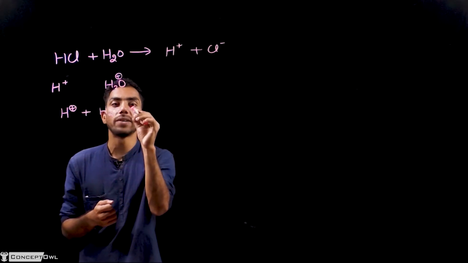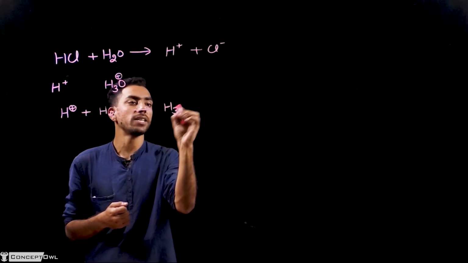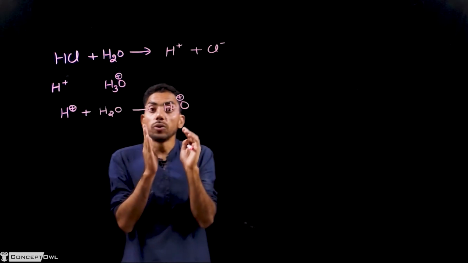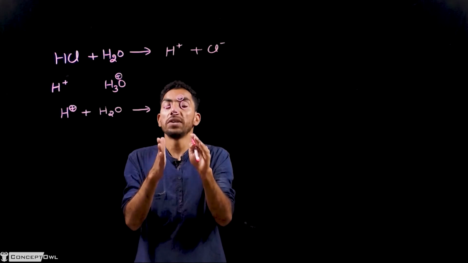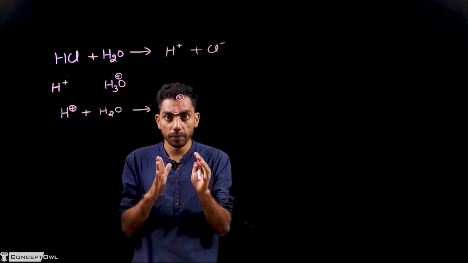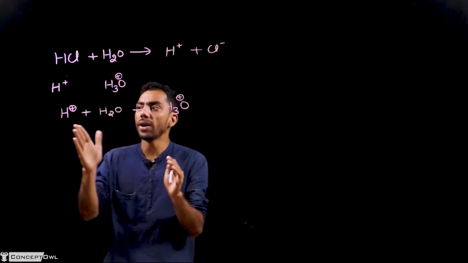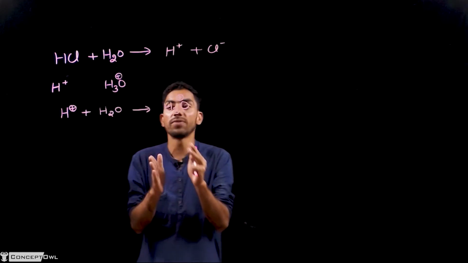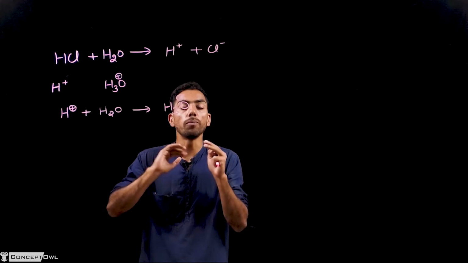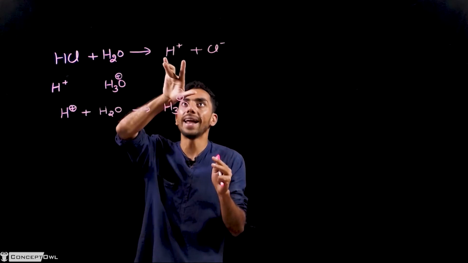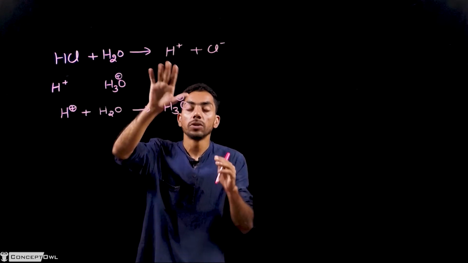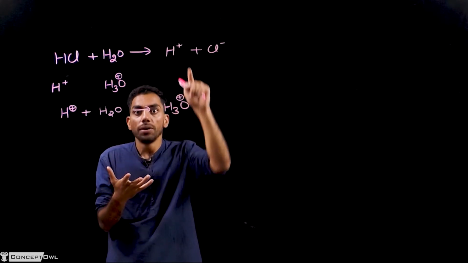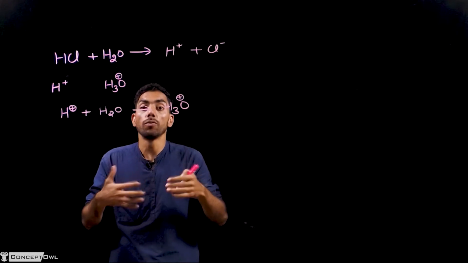It always reacts with water and forms H3O positive. So it's always better to write H3O positive. This one is more accurate. But there is no problem if you are writing simply H positive ion. But you should know the difference between H positive and H3O positive ion. So if you are writing H positive ion, we are assuming that H positive ion in water will exist in the form of H3O positive ion.